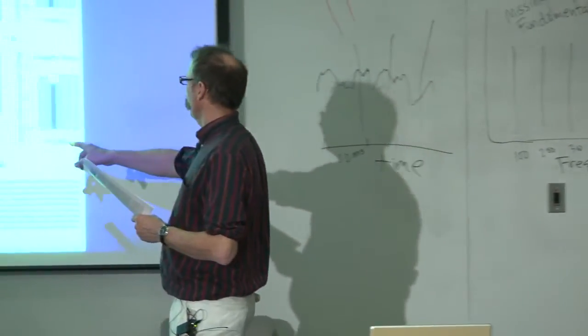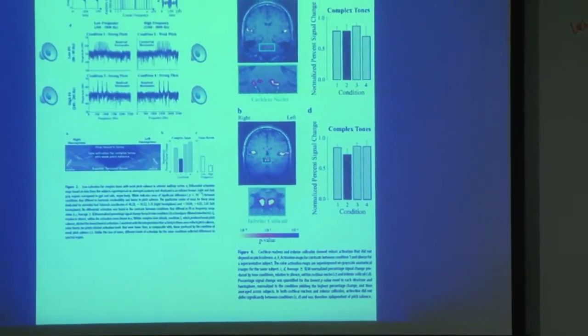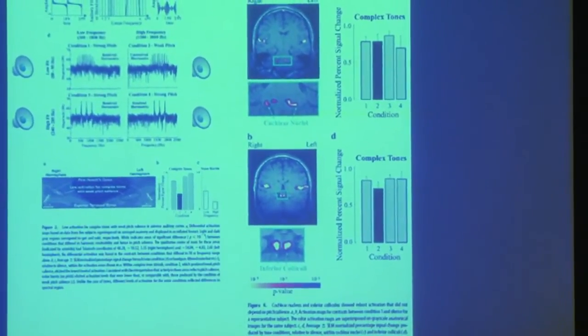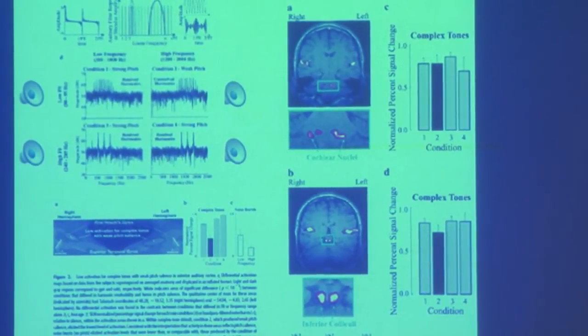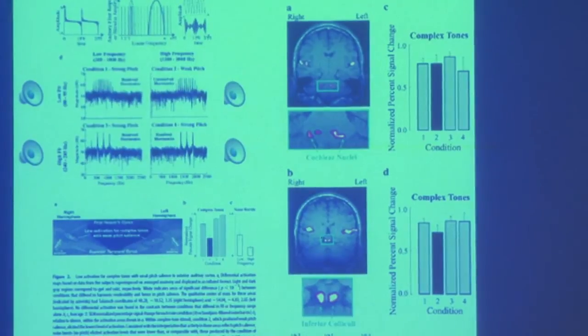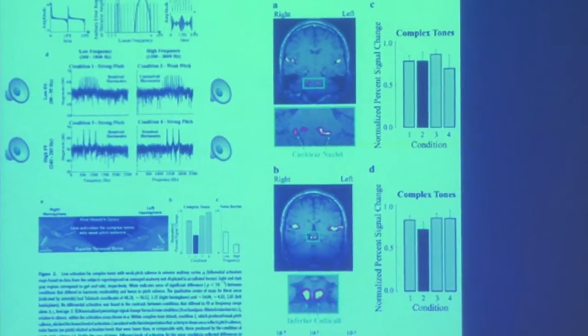There's a lot of challenge in imaging such small structures as the cochlear nuclei and inferior colliculus. And they said to improve the detection of activation in these brainstem structures, the data were acquired using cardiac triggering. So does anybody know what that means?